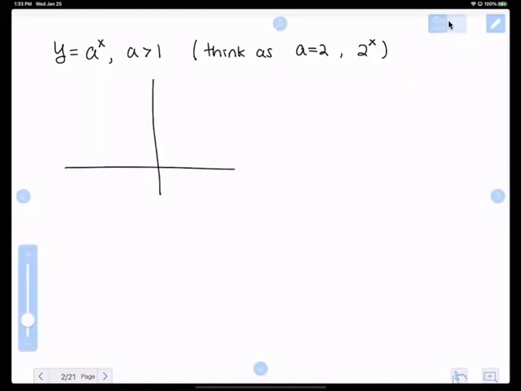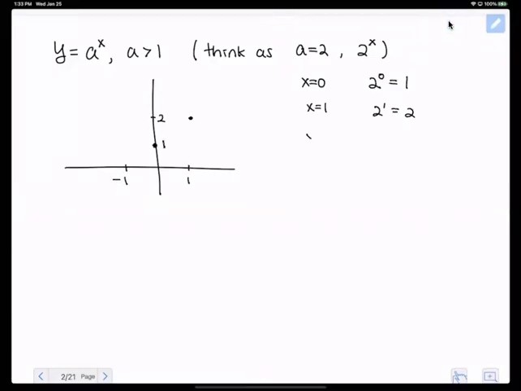When x equals 0, 2 to the 0 is equal to 1. So I start here, 2 to 0. x equals 1, right here, and 2 to the power 1 is equal to 2. Here's the 1. And when it's negative 1, 2 to the power negative 1, we know it's a negative exponent, that is 1/2.